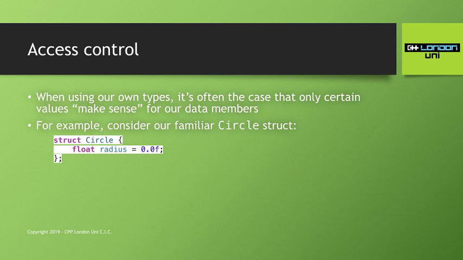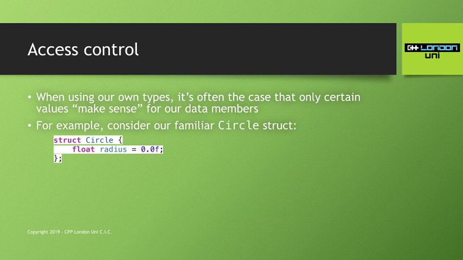Well, what does it mean if I set the radius to -12? What does it mean for a circle to have a negative radius? I don't know. Try calling get area on it and you get minus pi times 144. What does it mean for something to have a negative area? It's a black hole? I don't know.